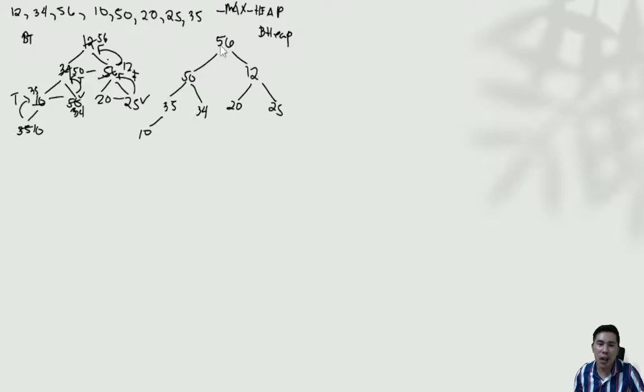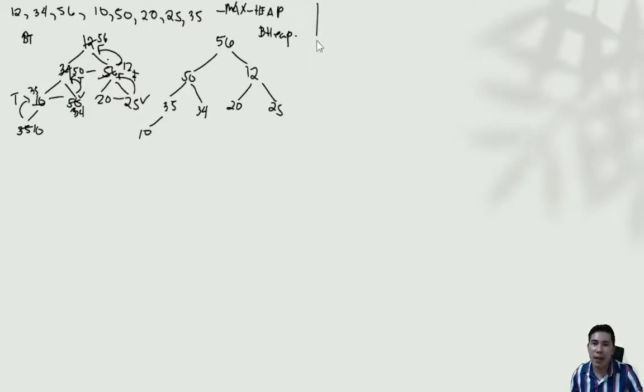Is 56 greater than its children 50 and 12? Yes. Is 50 greater than its children 35 and 34? Yes. Is 12 greater than its children 20 and 25? Yes. Is 35 greater than its child, which is 10? Yes. So that's it. Our tree is a heap.